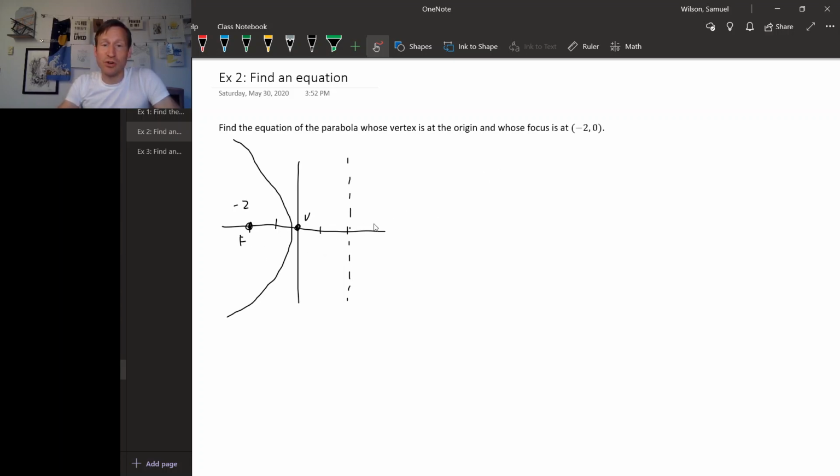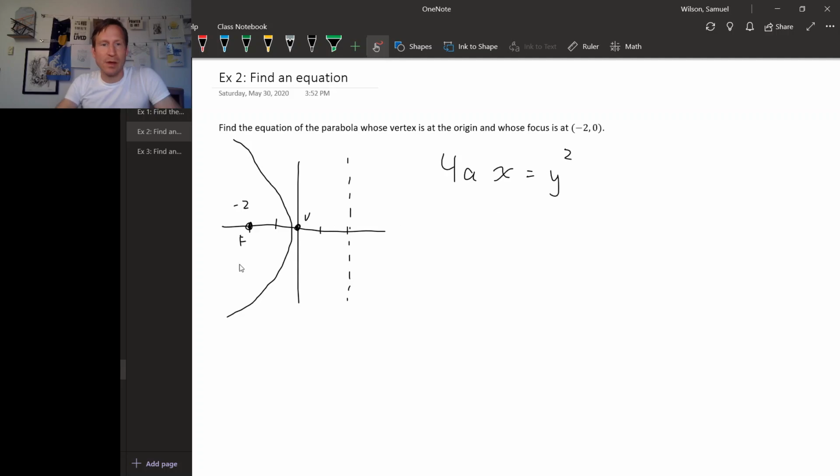Since this parabola is opening right or left, we need to use the version of the equation of a parabola that opens right or left. And that's for a x equals y squared. Remember, the unsquared variable is the direction that the parabola opens.